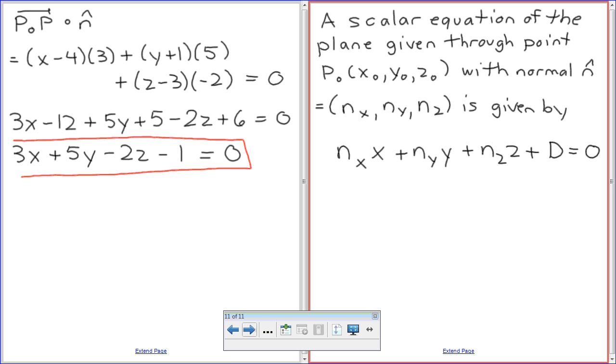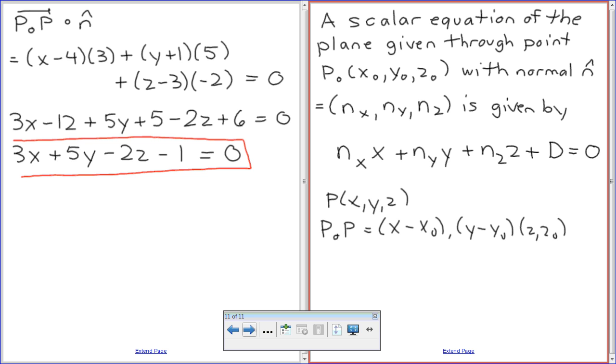Because the point P was x, y, z, the P naught is just going to be the other number for it. So that x naught, y naught, z naught form together to get your d. That's what happens. Okay.